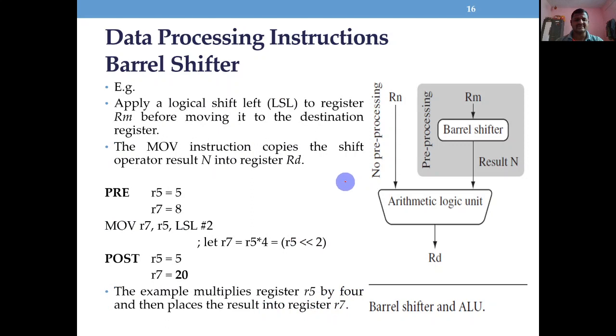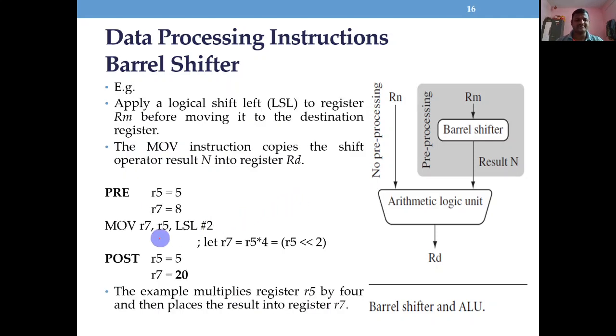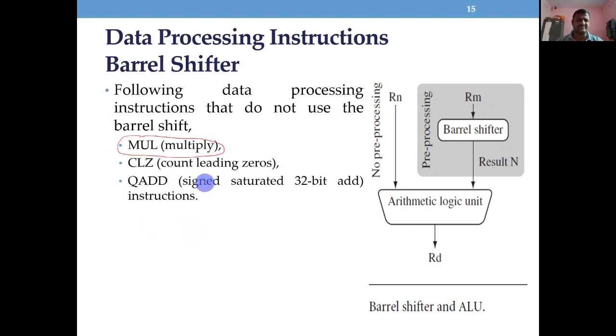As I said, we discussed it in the morning. The barrel shifter does not support multiply instructions, because we are using shifts towards the right or left. If you want division, shift towards the right. If you want multiplication, shift towards the left.